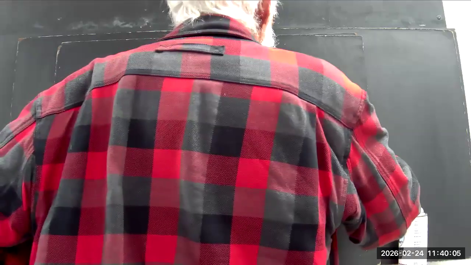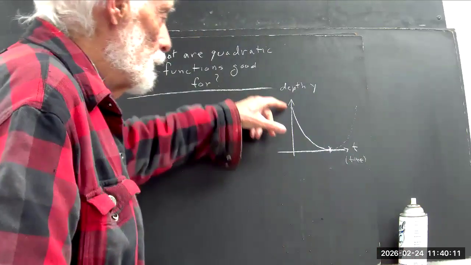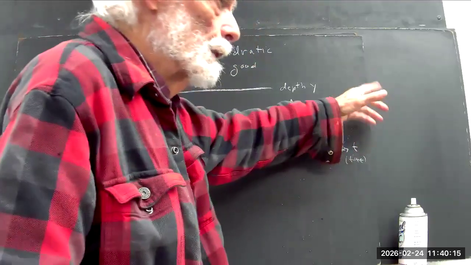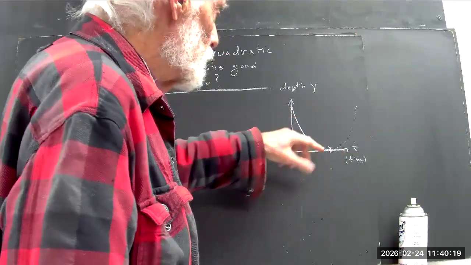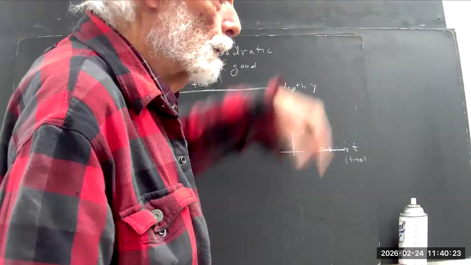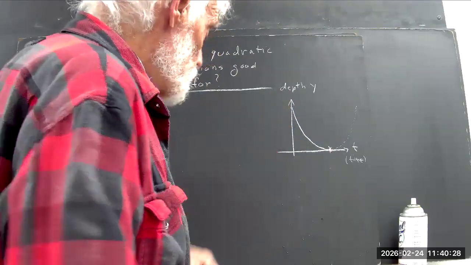And of course, this function goes on, but only this part of it corresponds to the reality. This part doesn't occur in reality, although it's part of the function. And the part above this point, this thing keeps going forever in both directions, but it's only on this limited domain.